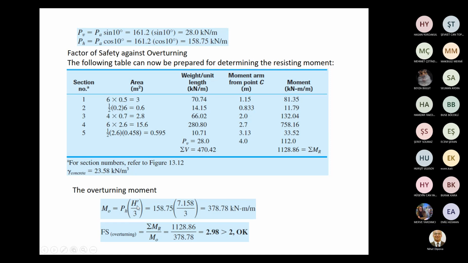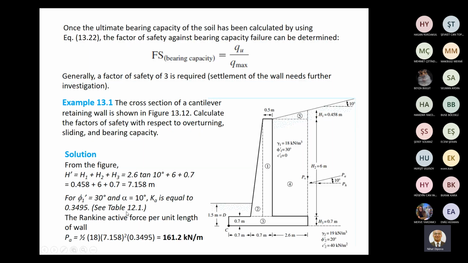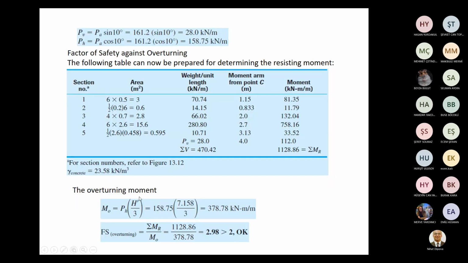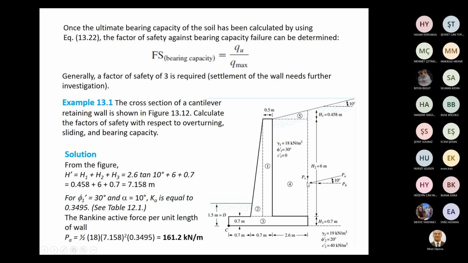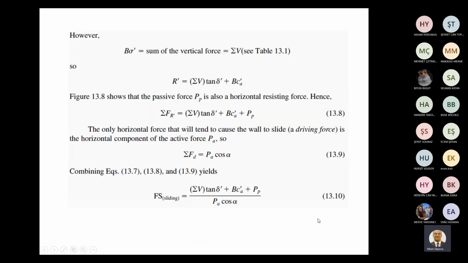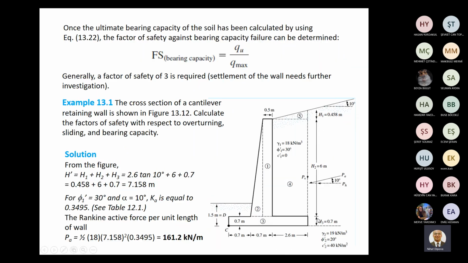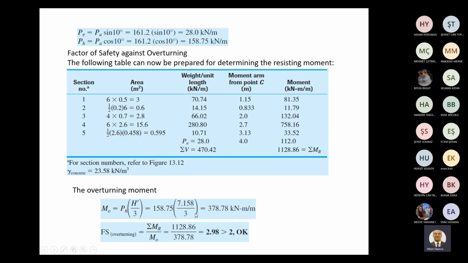Then we can calculate overturning moment. Overturning moment is the PH multiplied by h over 3. But h prime over 3. What is h prime? The summation of, we just calculated, well, I'm sorry, yes, 7.157.